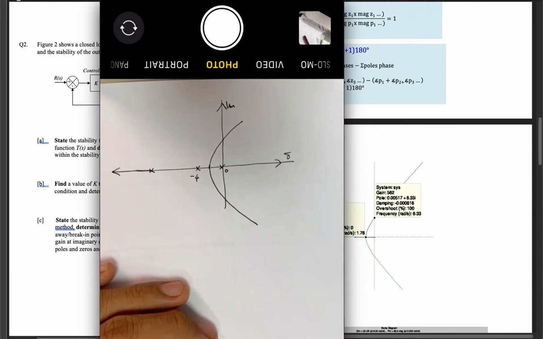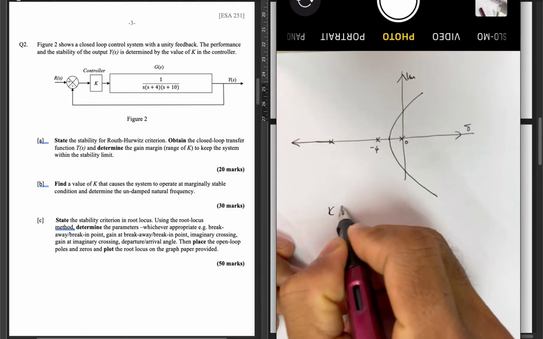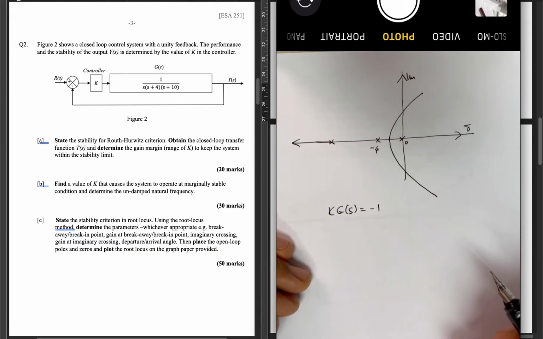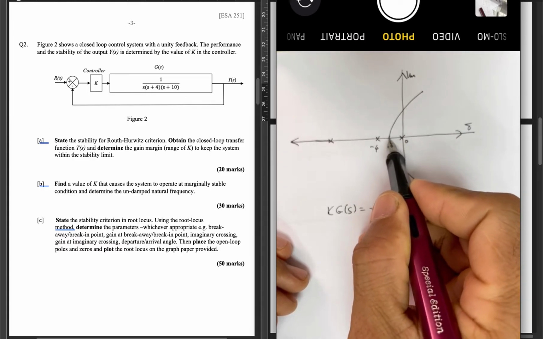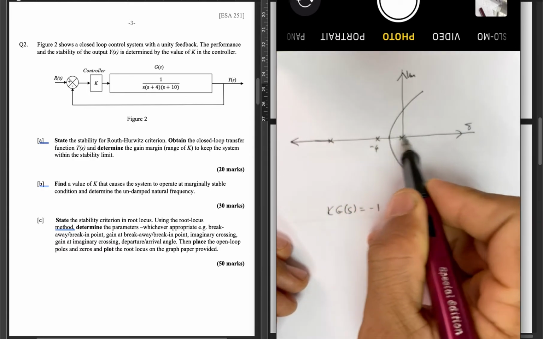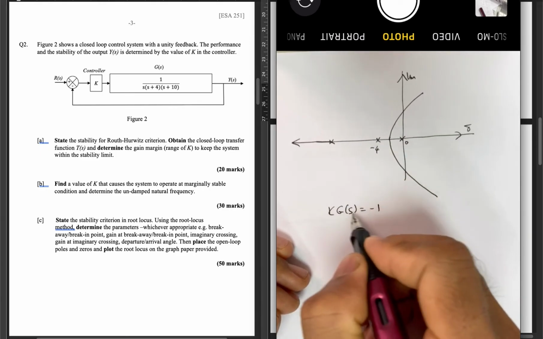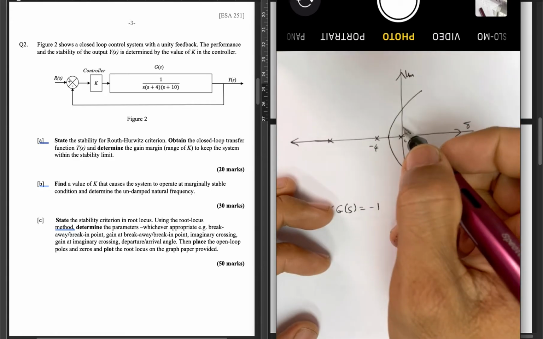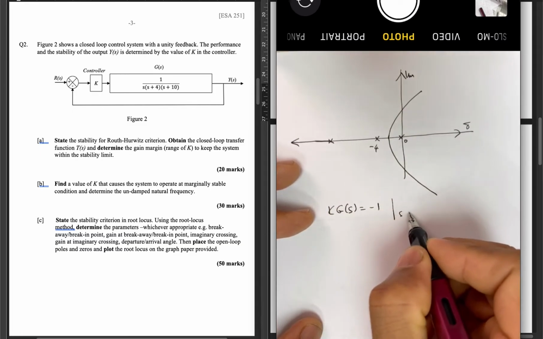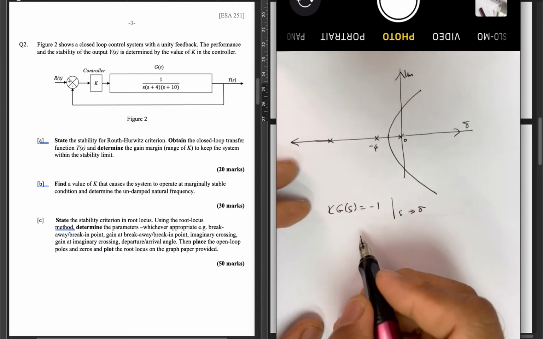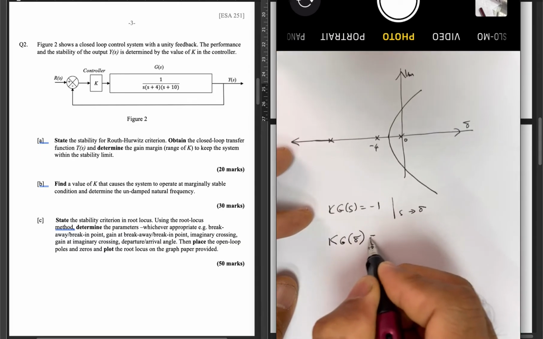Because we know that from this kg of s equal to -1, right? So because we want to make sure that the value that cross this real axis, right? Instead of using s as an arbitrary point, we have to limit that as a real number. So that means we have to use a real number equal to -1.